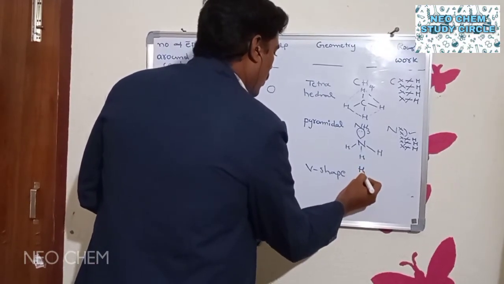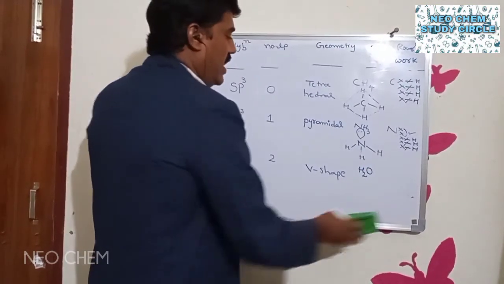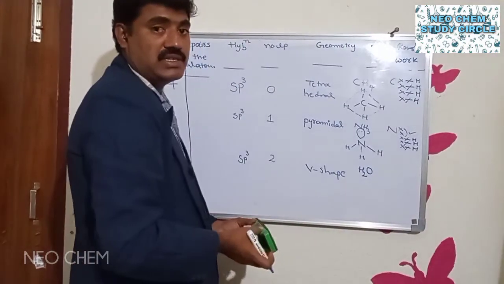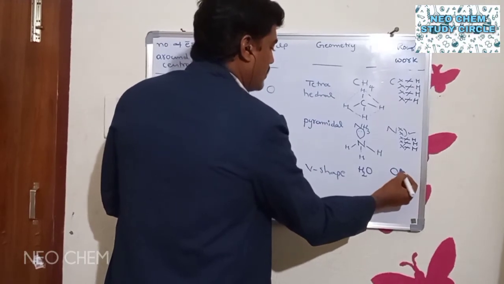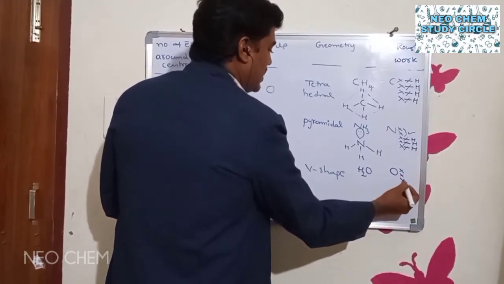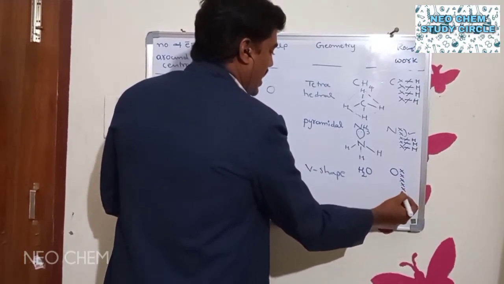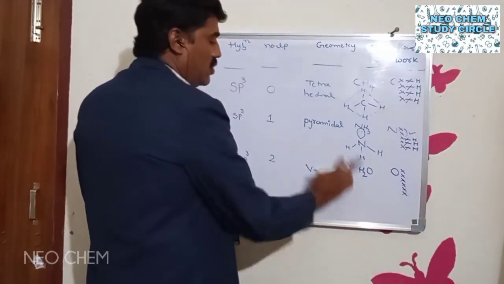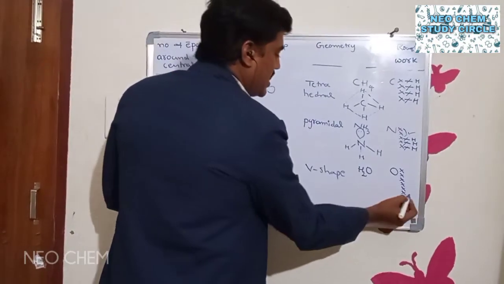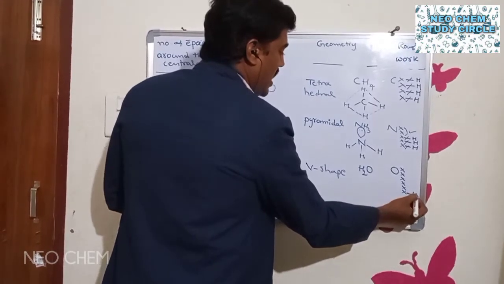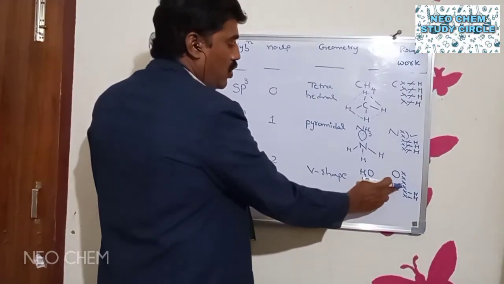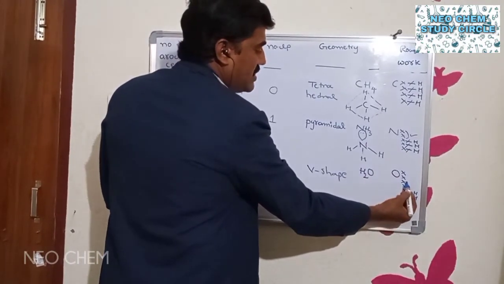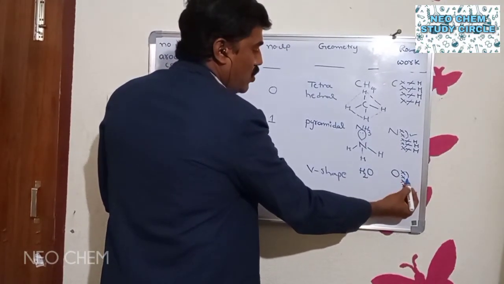H2O, where the central atom is oxygen. Oxygen belongs to the 6A group, so it should have 6 valency electrons like this: 4, 5, 6. There are 2 hydrogen atoms with oxygen, so with 1 electron, 1 hydrogen, second hydrogen. There are 2 lone pairs remaining, so this is the first lone pair, this is the second lone pair.